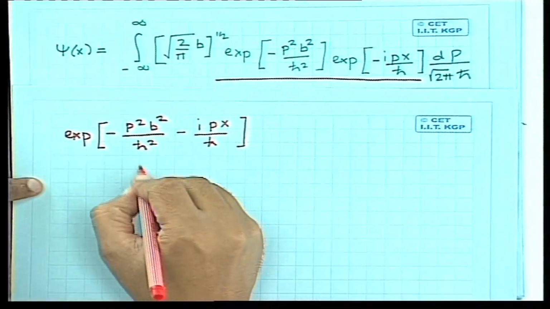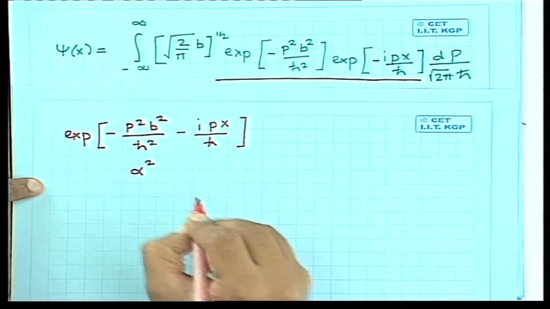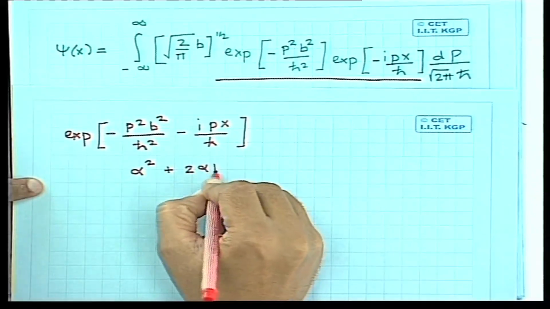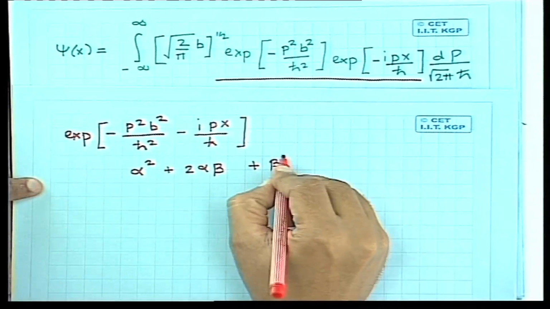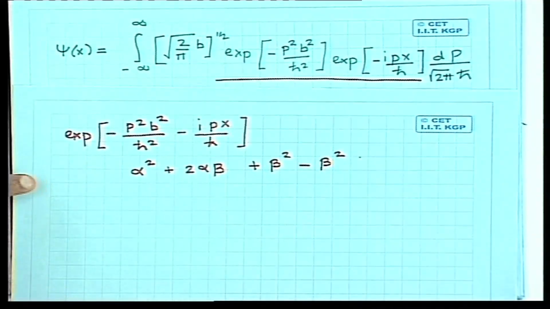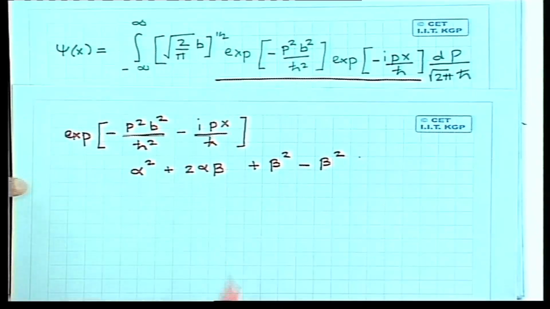So this is going to be alpha squared, and this is going to be plus 2 alpha beta, and then I'm going to add plus beta squared and minus beta squared. So we have to look at this and identify what is alpha, what is beta.